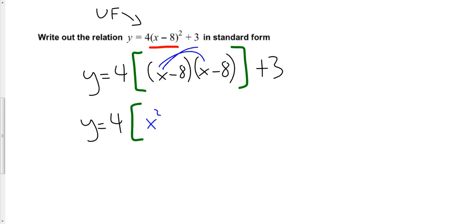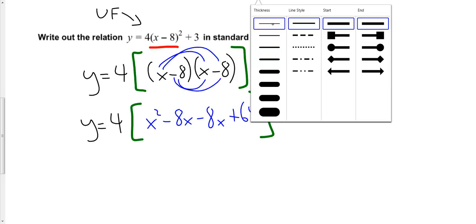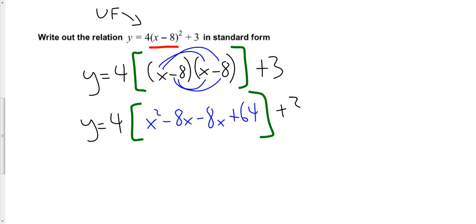We do x times negative 8, which gives us negative 8x. Then the inside, negative 8 times x, gives us another negative 8x. Lastly, we multiply negative 8 times negative 8, which gives us positive 64. We'll close up that bracket, and leave that plus 3 because we haven't dealt with it yet, but we will.